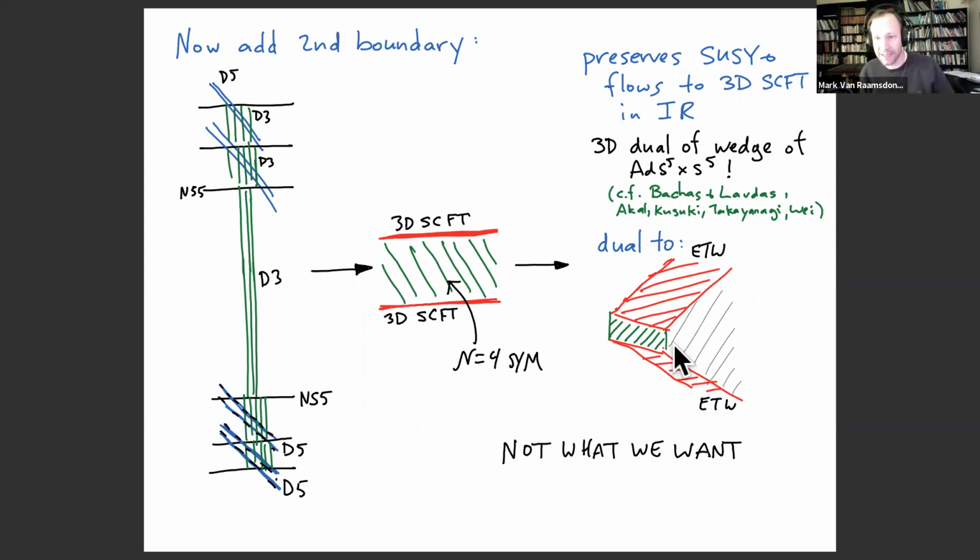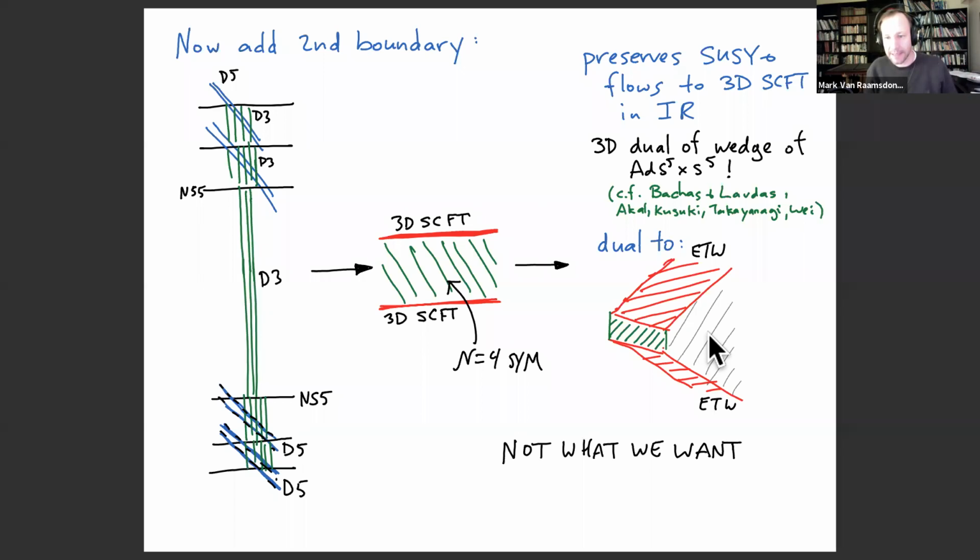So this is a specific example of that. And actually, these geometries, that duality between the 3D theory and this wedge of 5D spacetime, were studied previously by Bachas and Lavdas.